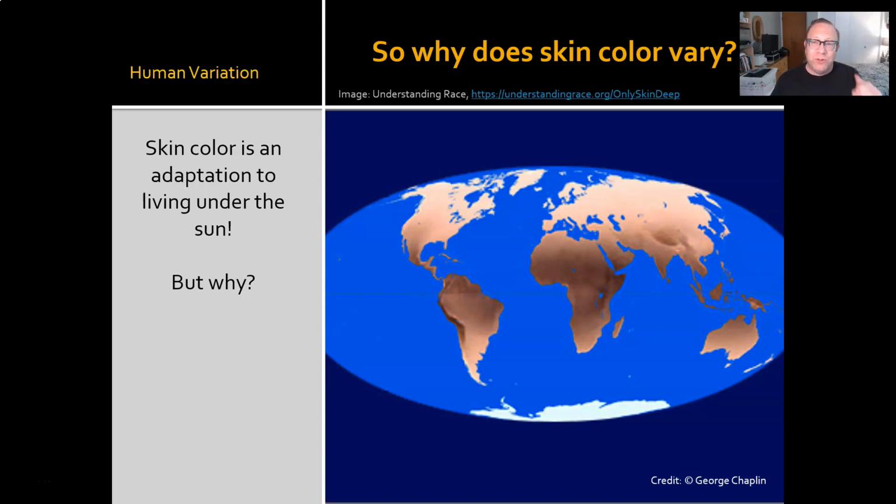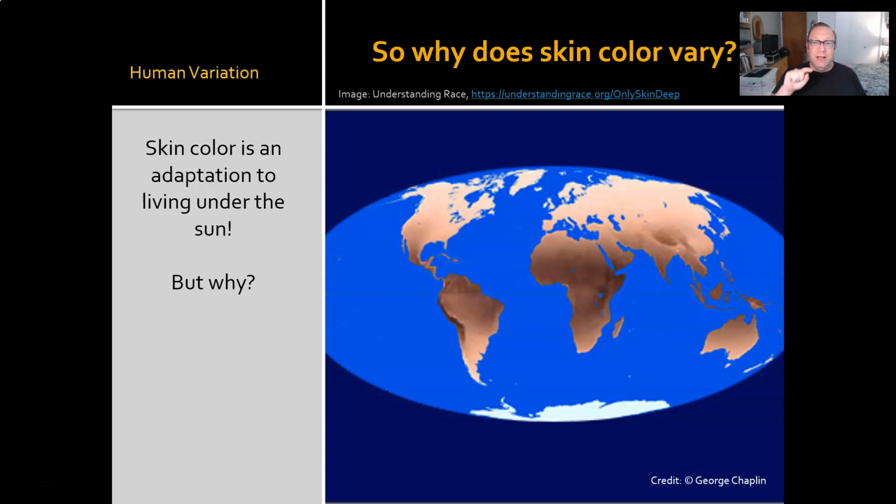Remember, if ultraviolet light is what's responsible, well, people at high latitudes get less sunlight, right, than those at mid-latitudes. But if you're high up on a mountain, you get more UV exposure than if you're on the ground, because there's less atmosphere to filter the UV out. Same thing's true for the latitudes.